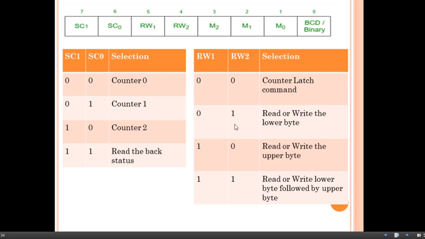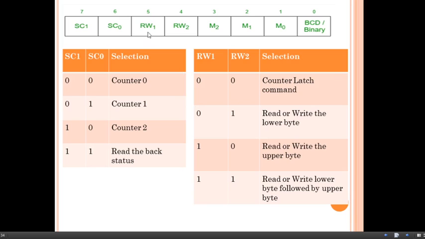If it is 0 1, then read or write the lower byte, that is read or load the LSB, is selected. If it is 1 0, read or write the upper byte or MSB is selected. And if both bits are 1 1, in that case read or write the lower byte followed by the upper byte, meaning first the LSB is read or written and then the MSB will be read or written.